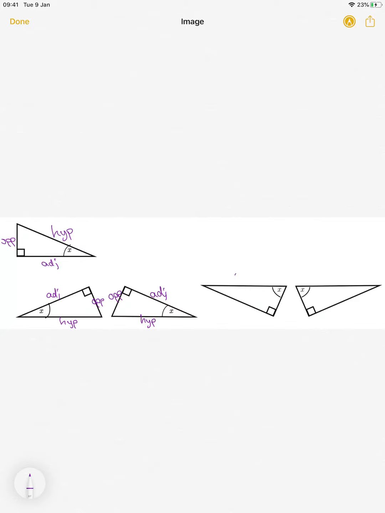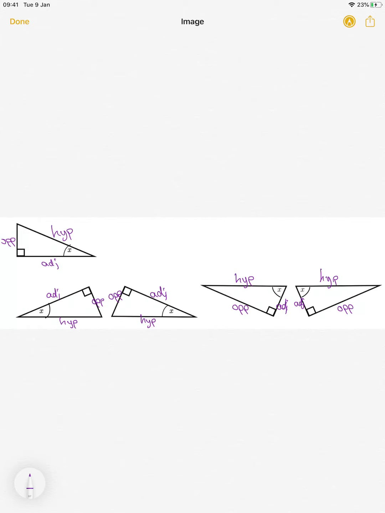And opposite my right angle is my hypotenuse, opposite the other angle is my opposite, final side is my adjacent. Opposite my right angle is my hypotenuse, opposite the angle, opposite, and then this other one here is my adjacent. I'll sort of run out of space a bit there, but that's my adjacent one.